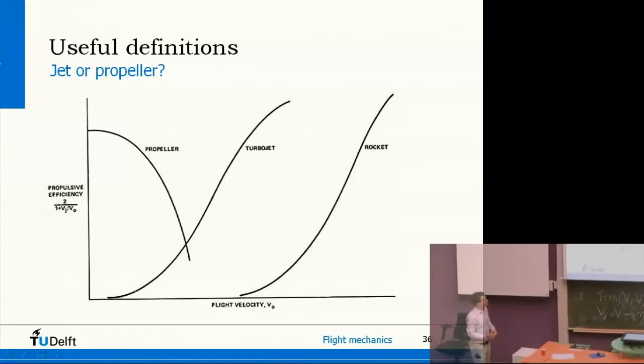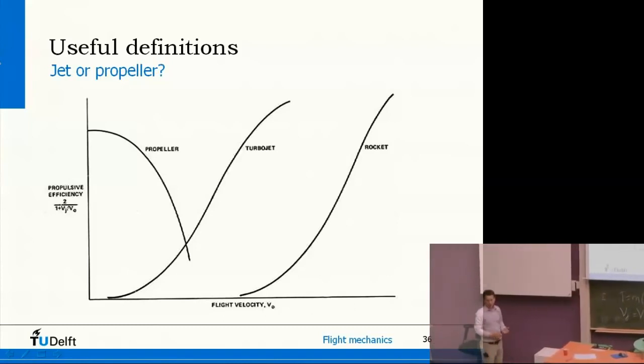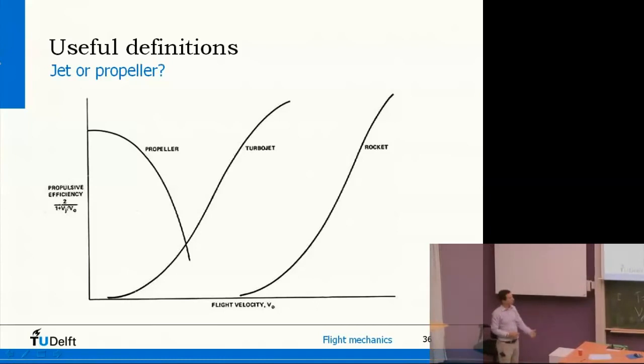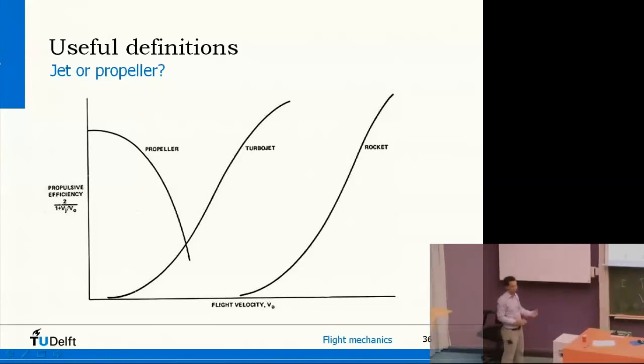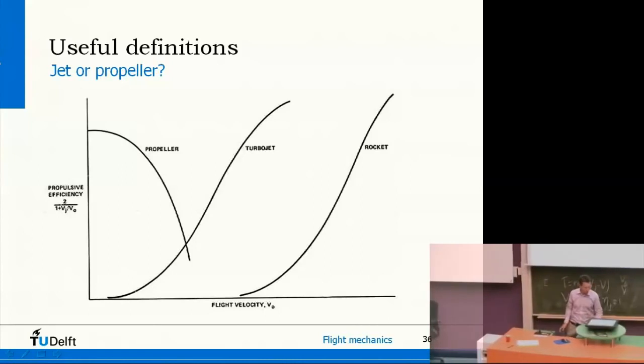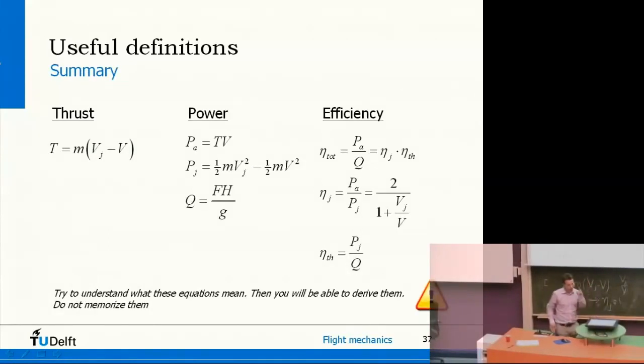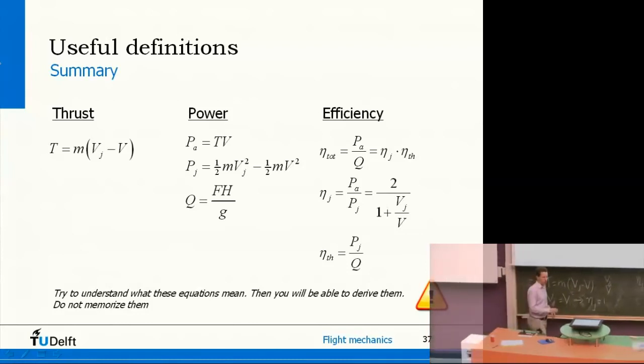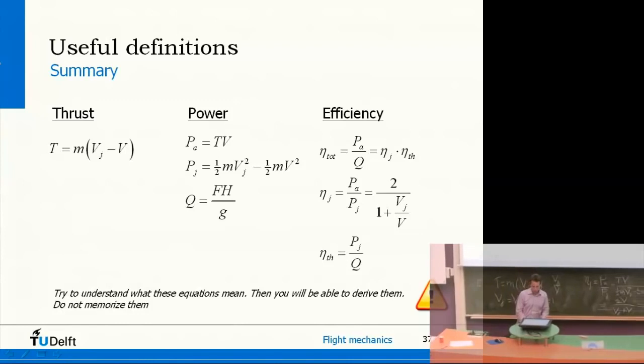At high speeds you might want to use a jet. And at even higher speeds you might want to start using things like a rocket or a ramjet or other exotic propulsion types. So there is no single answer to the question, and this is just a summary of the equations you've just seen. Now, don't really try to memorize them. I don't think I will ask them either on the exam, but we'll need this to understand a little bit more about the propulsion systems.